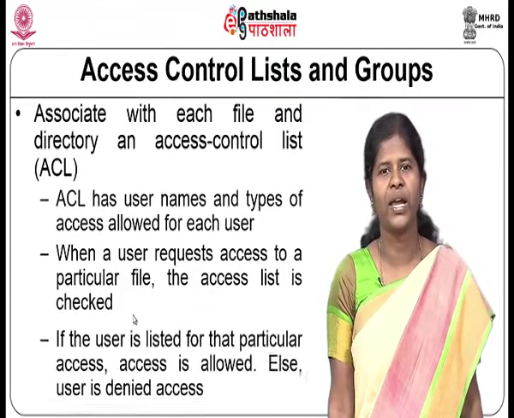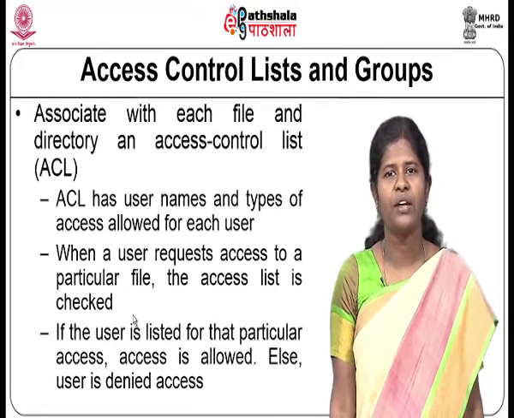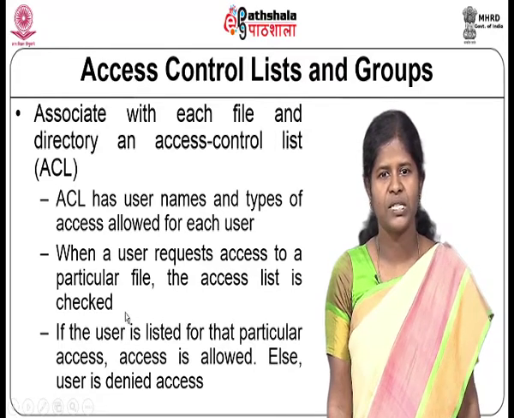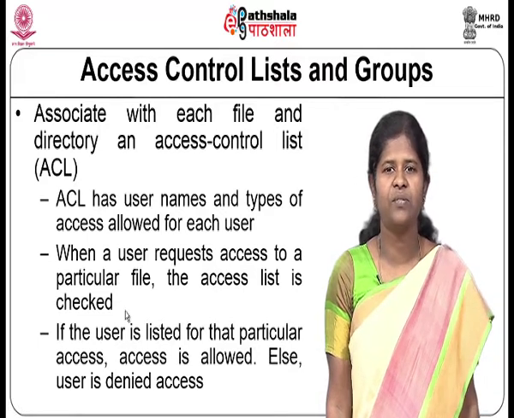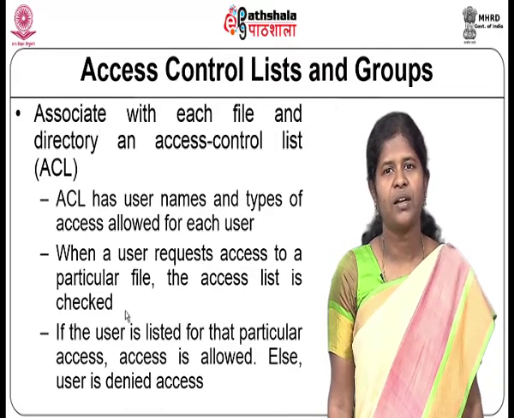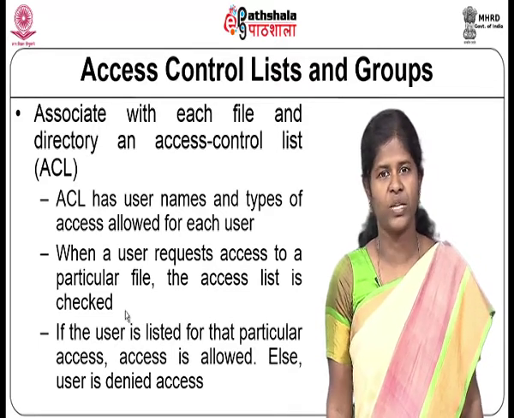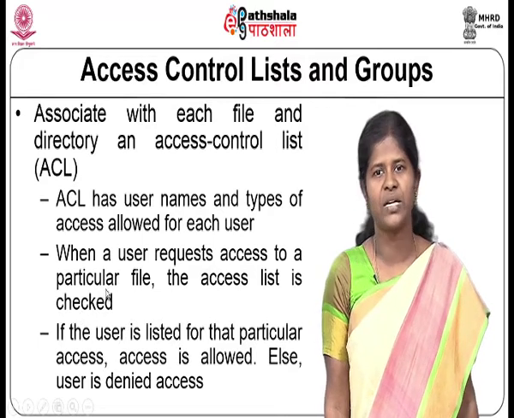One such way in which access control can be given is to have an access control list. In an access control list, with each file an ACL or a list will be attached, and you can even associate an access control list with directories as well. What does this access control list have?